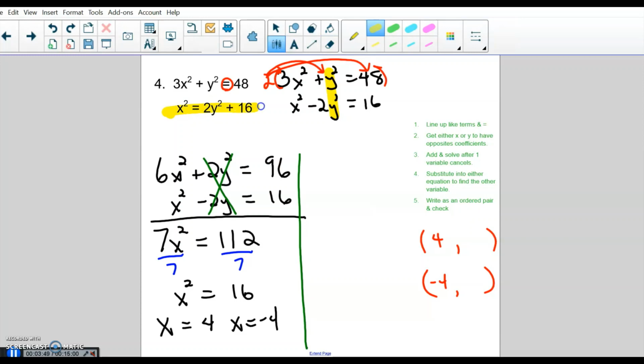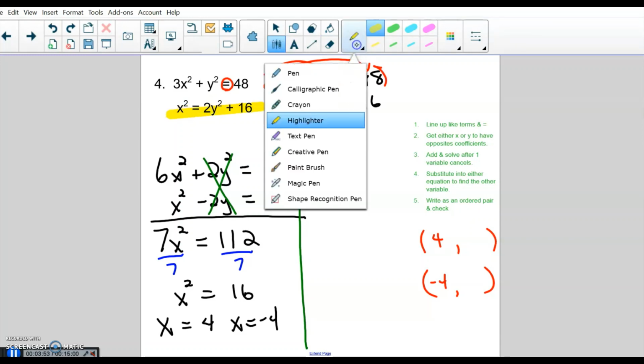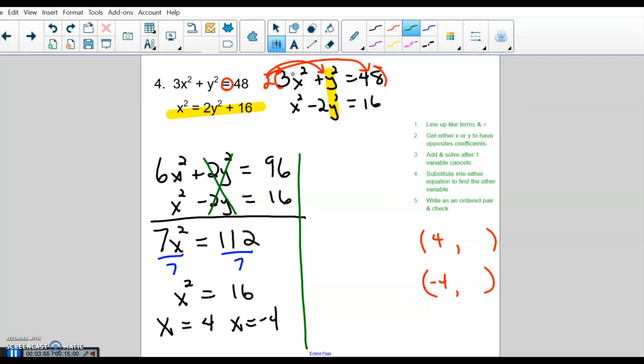So I'm going to use this equation, x squared equals 2y squared plus 16, to find y. You guys can pick any of the equations that you want.